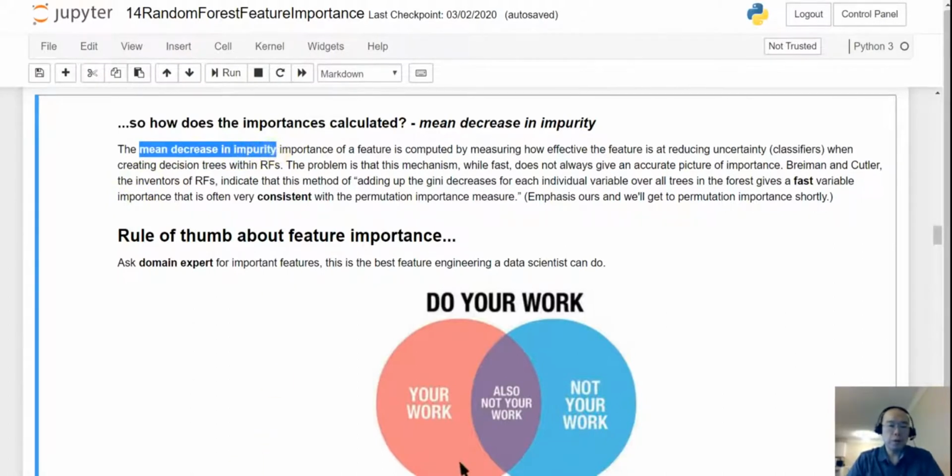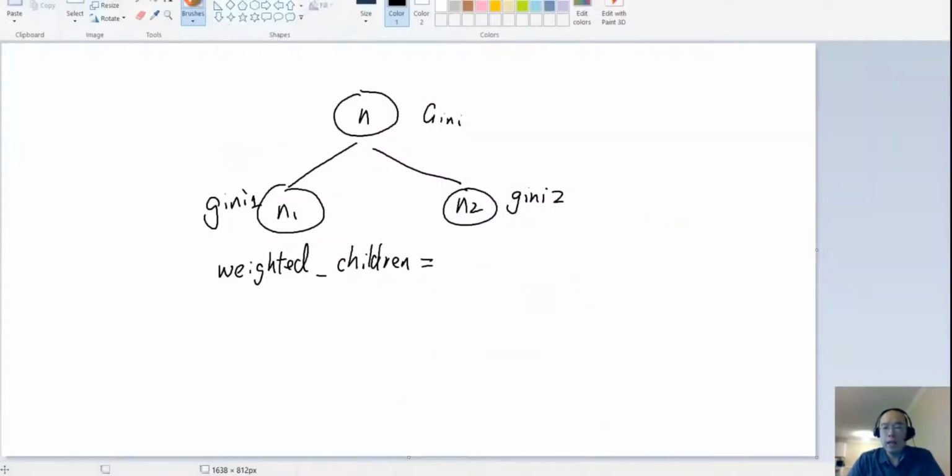Okay, so let me come back to my drawing board and remember when we are doing a split. We will split a node with n samples into two children, with n1 and n2 samples.